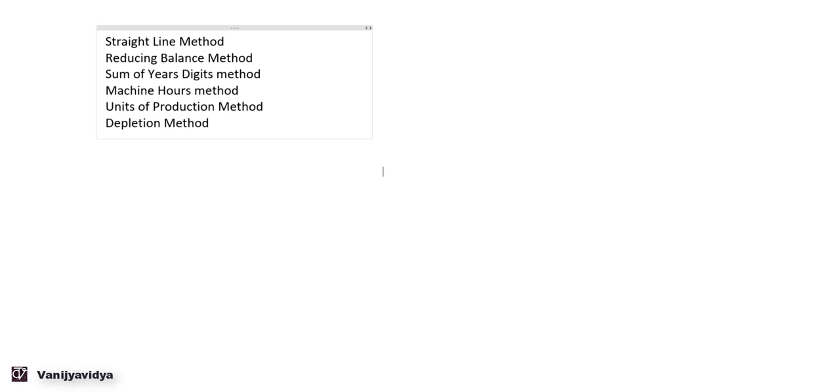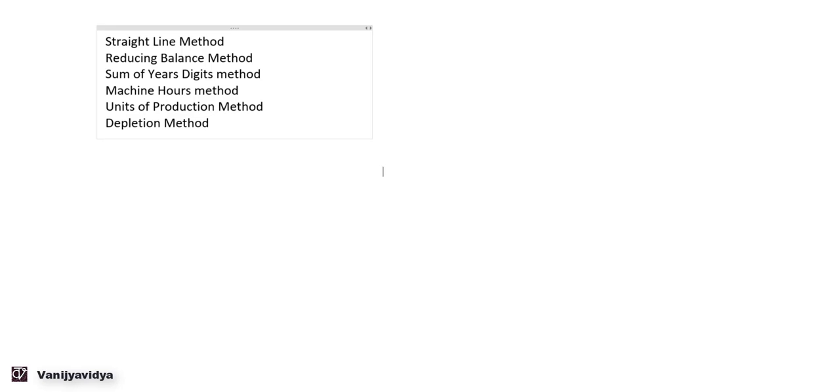So the machine will be depreciated faster, your useful life will change, and the depreciated amount will be more.